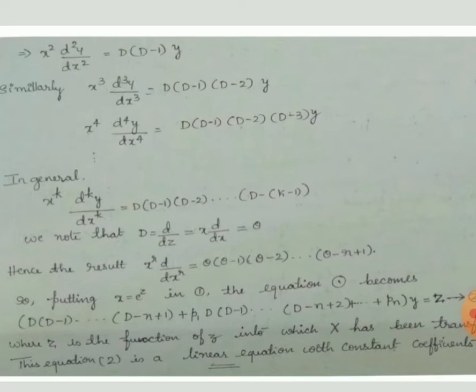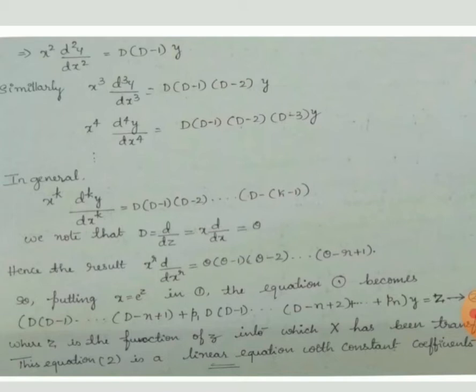Okay, in general we can write xᵏ times the kth derivative of y with respect to x as D(D − 1)(D − 2) and so on up to D − (k − 1). Now here we know that capital D can be written as d/dz, or otherwise x·d/dx, which can also be written as theta.